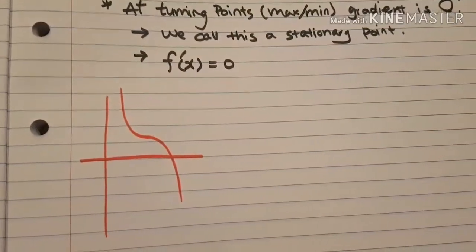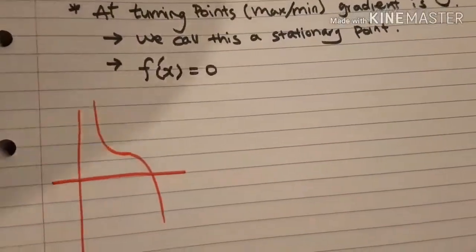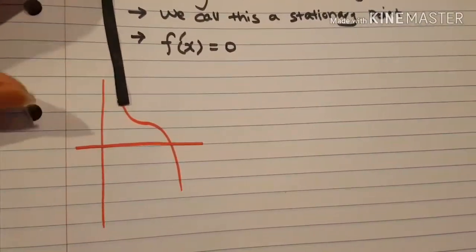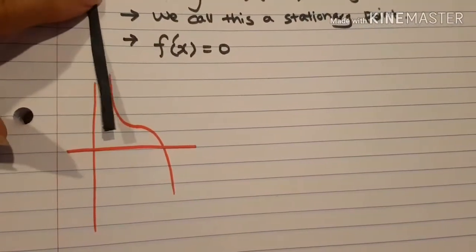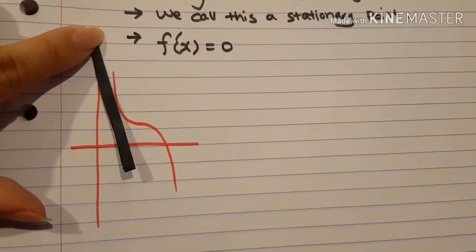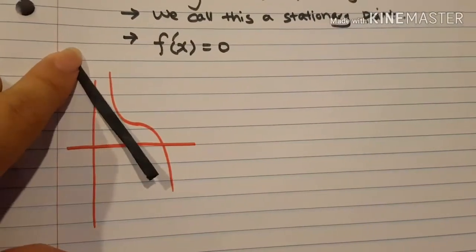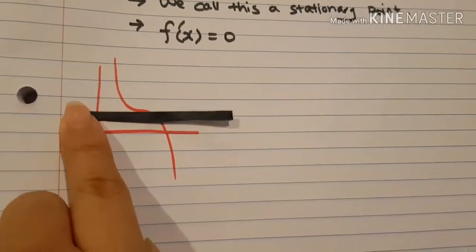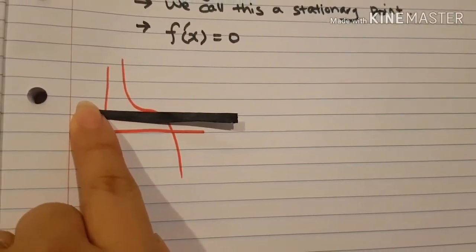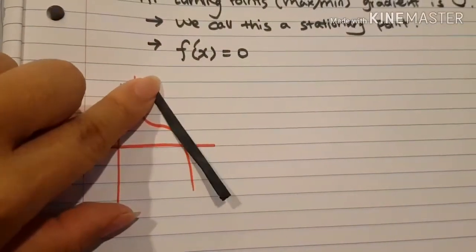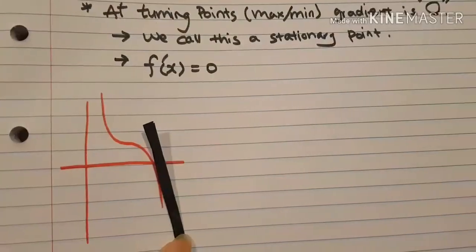Not only the minimum and maximum. Have a look at this. This is neither minimum nor maximum, but have a look. At this point, my gradient is going down, negative, negative, negative, and what happens when it becomes horizontal? 0, and then coming back this way, negative.